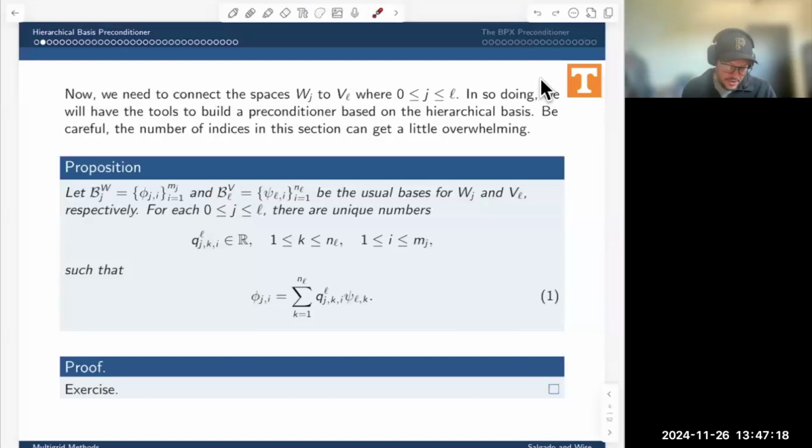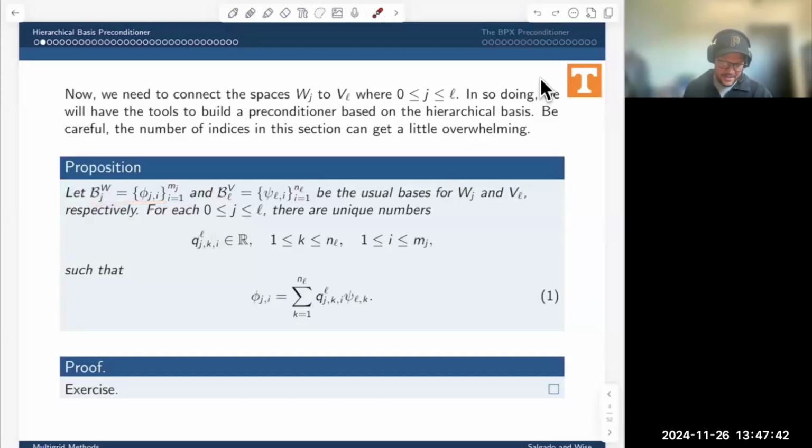So let BJW be as we constructed earlier, that's the basis for each WJ, and suppose that we have BLV being the standard Lagrange nodal basis for VL. These are our usual bases for WJ and VL. Now, this is not a hierarchical basis.